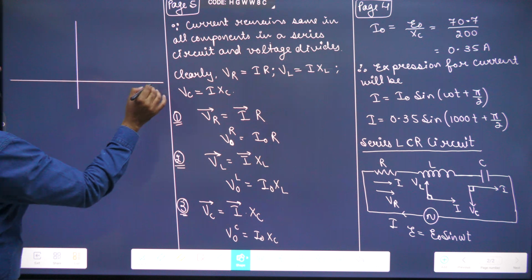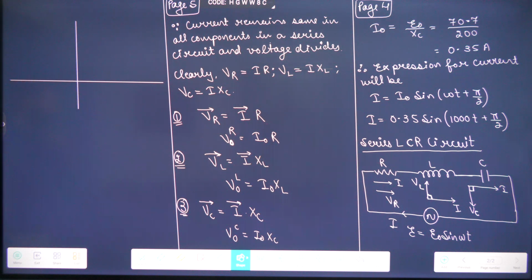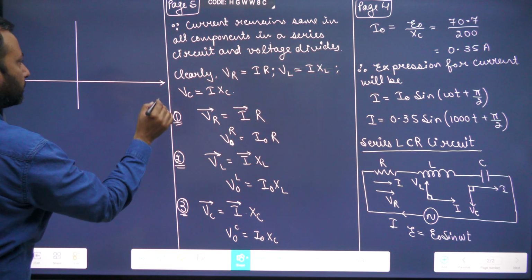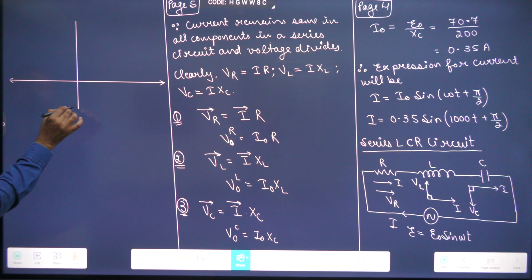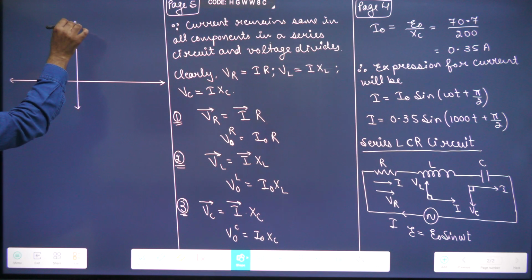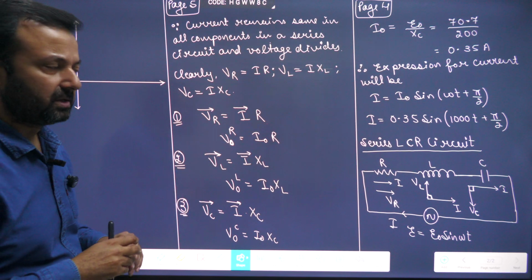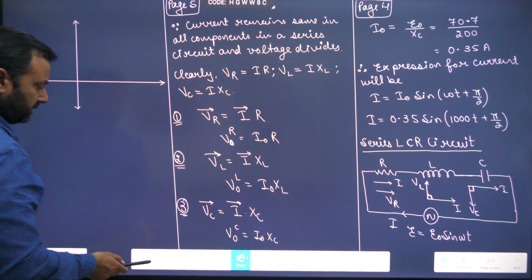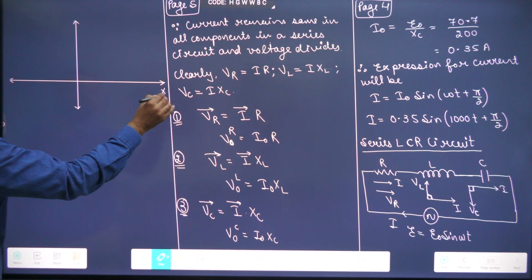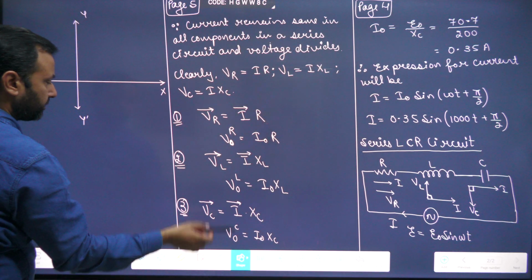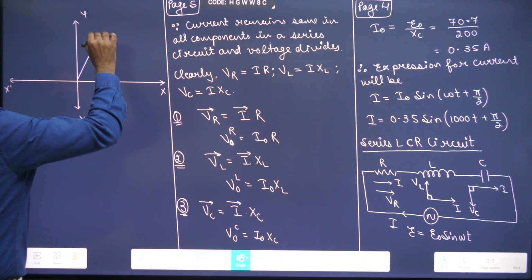In the phasor diagram, on the horizontal axis we take the x-axis, and vertically we take the y-axis. In this case, we will take E here. Always we take the EMF E in the first quadrant of this rectangular plane. So E will be here like this.